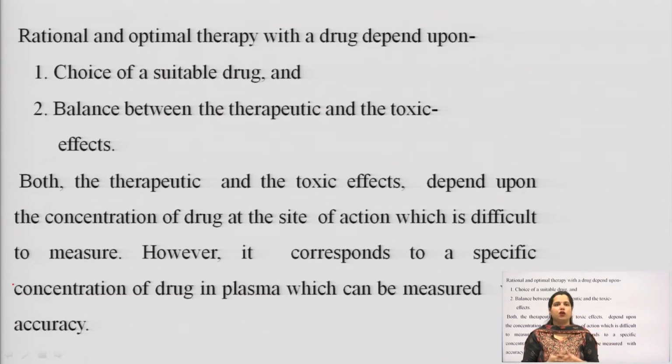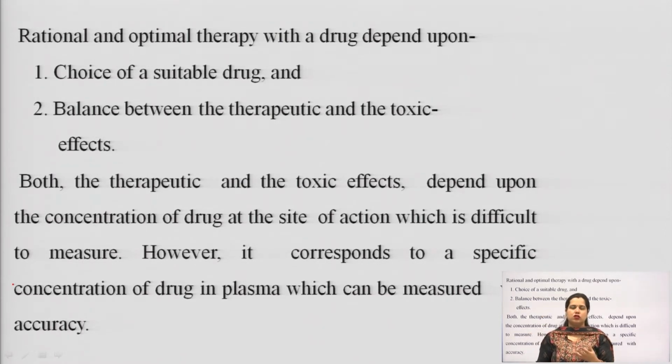Both the therapeutic and toxic effects depend upon the concentration of drug at the site of action, which is difficult to measure. However, it corresponds to a specific concentration of drug in plasma which can be measured accurately. So, basically the therapeutic effects need to be considered while designing the dose regimen and therapeutic index, and toxic effects cannot always be avoided.